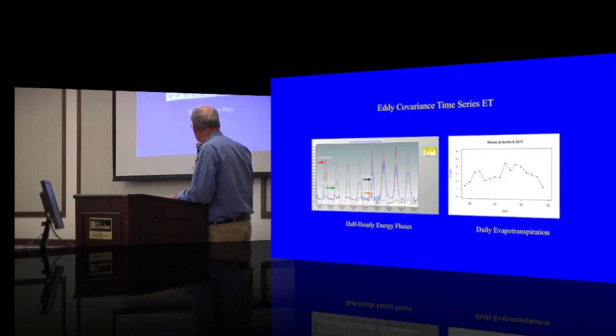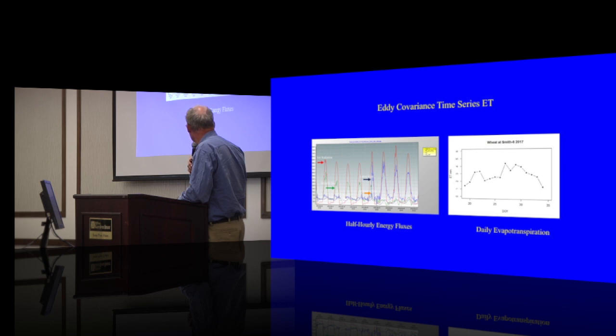And what do the data look like when you collect them? These are typically aggregated at half-hourly intervals, and they give you very fine measurements of water distribution through the near soil profile. This is a daily time scale here.